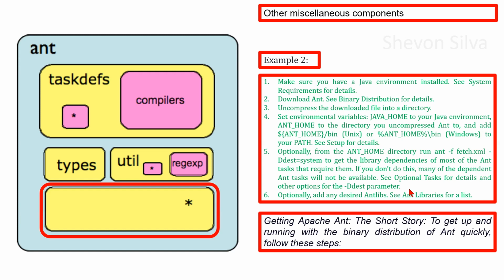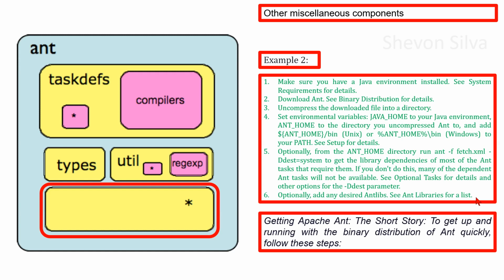If you don't do this, many of the dependent Ant tasks will not be available. And step 6, optionally add any desired Ant libs. Note that the links in the list above will give more details about each of the steps, should you need them, or you can just continue reading the rest of the documentation.